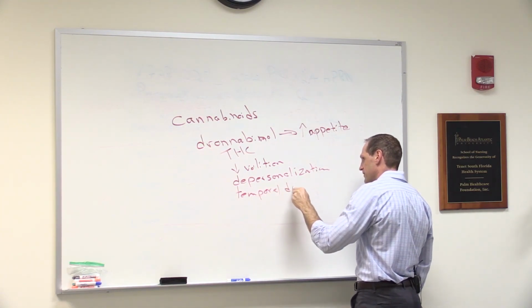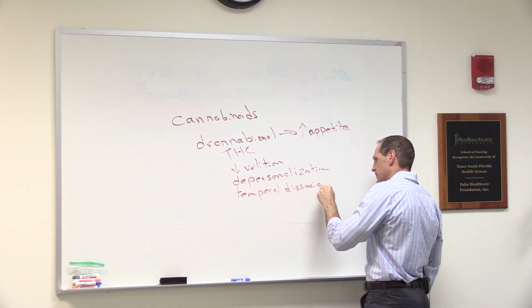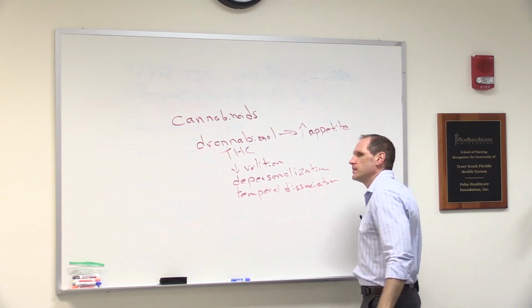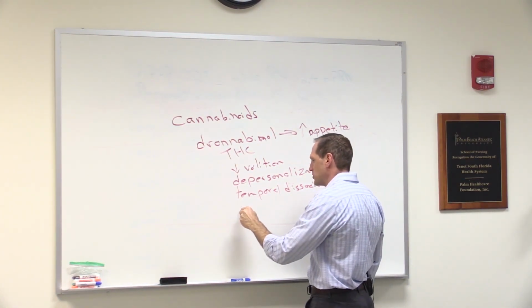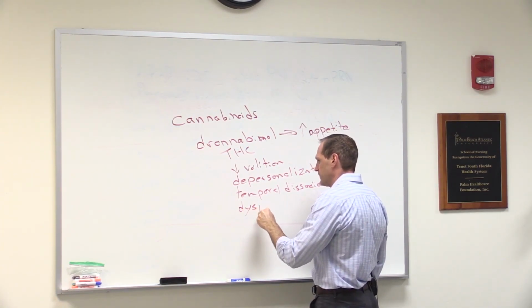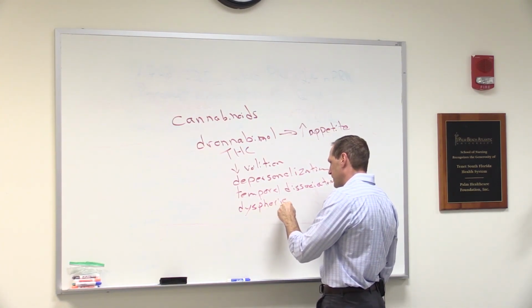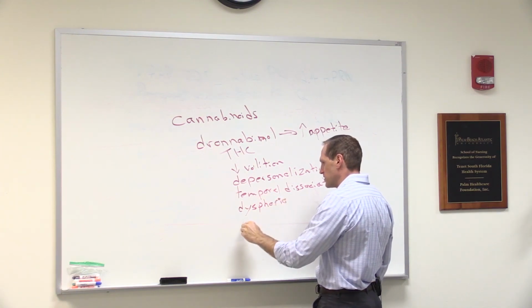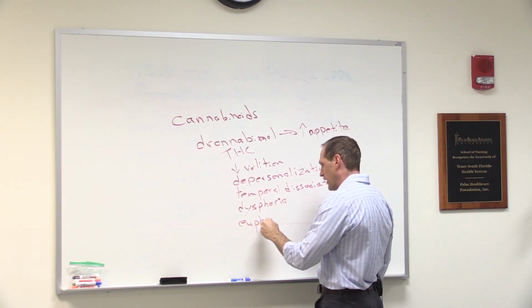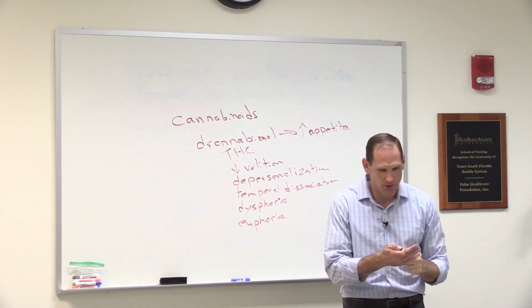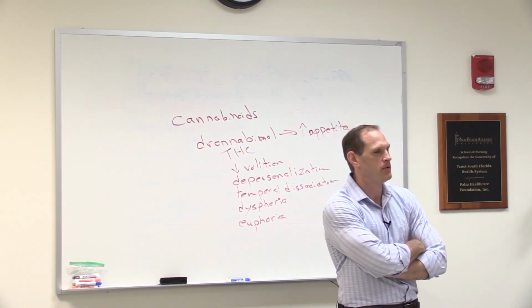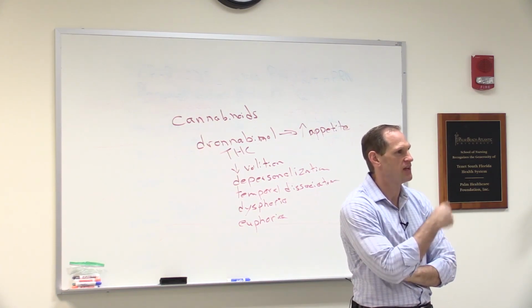I love that one. And what's known as a bad trip, dysphoria. Now, the FDA thinks that feeling good is also a problem, so euphoria will also be considered an adverse effect, even though that is the goal in many people who do use THC.